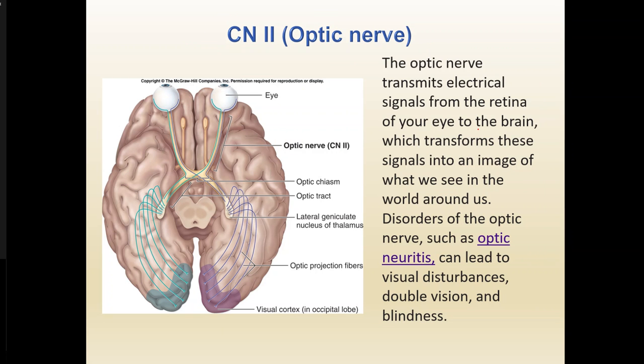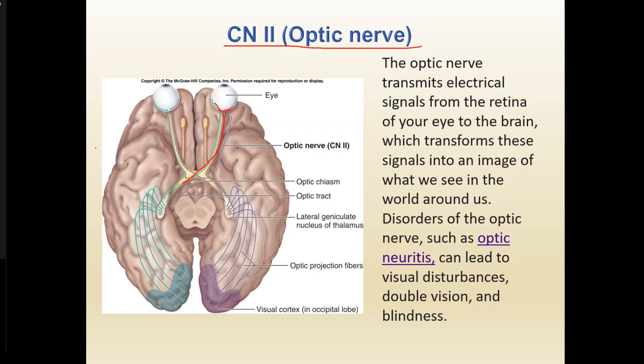Okay, so that's all. Then you have your CN2, which is your optic nerve. The optic nerve transmits electrical signals from the retina, in the eye, to the brain, and the brain transforms the electrical signals into images, and therefore gives us the information of what we see.